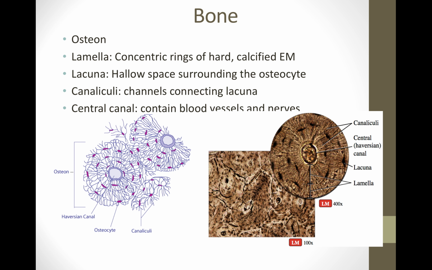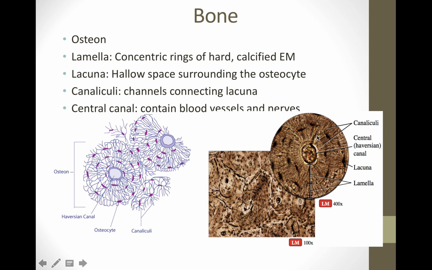Here's a little more detail of the bone structure. So as I mentioned, this is your osteon. Within the osteon you have your cavities, lacuna, that carry your osteocytes. At the center you have the central canal, which is where your blood vessels and nerves pass through.